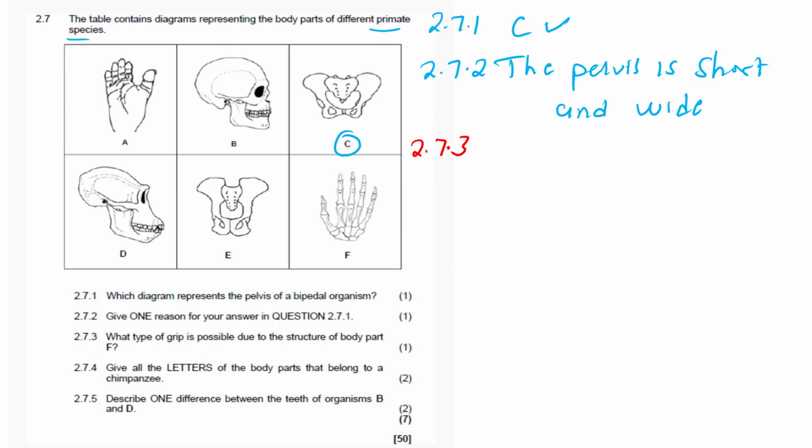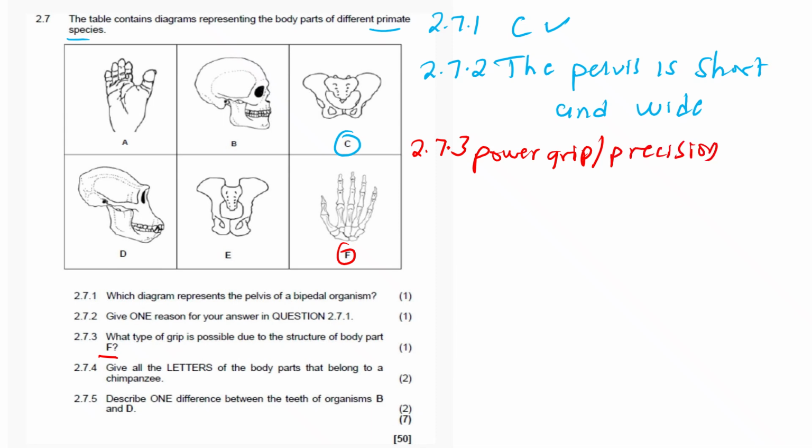2.7.3, what type of grip is responsible due to the structure of body part F? It is what we call a power grip, or one can say it is a precision grip.